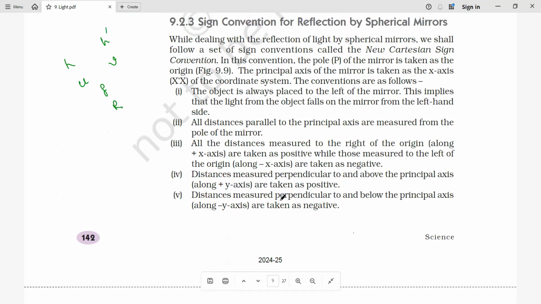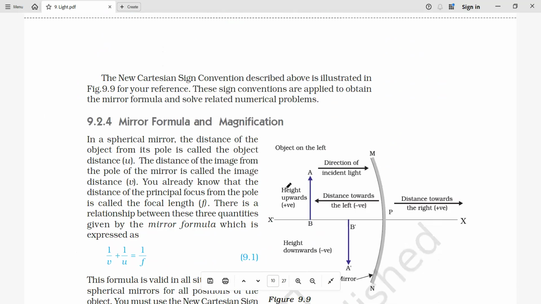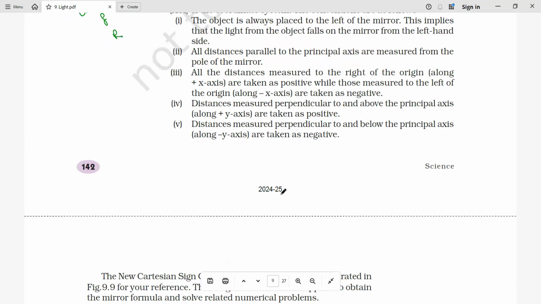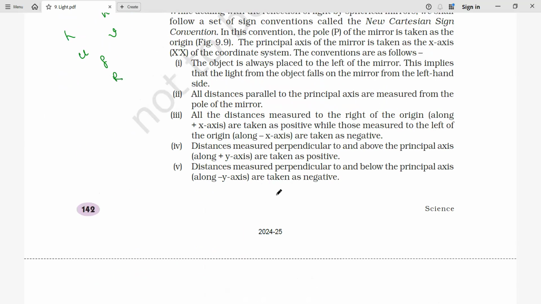Now, already you know about coordinate geometry in case of Cartesian coordinates. Suppose this is the origin. Anything on this axis to the right is positive.